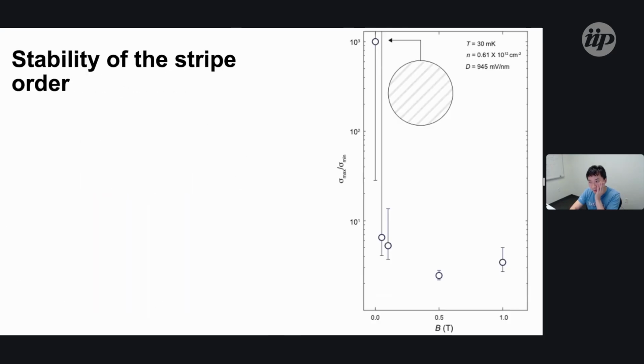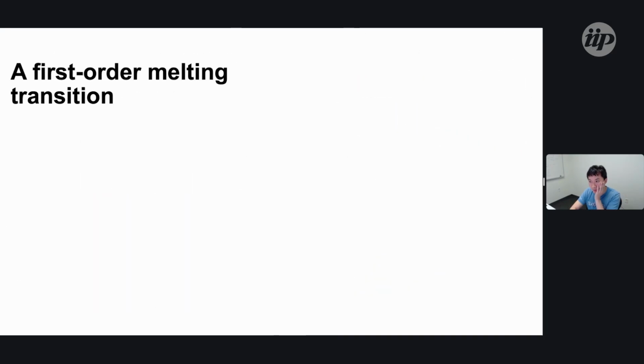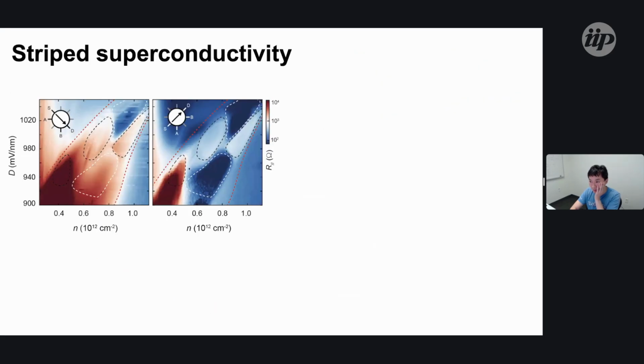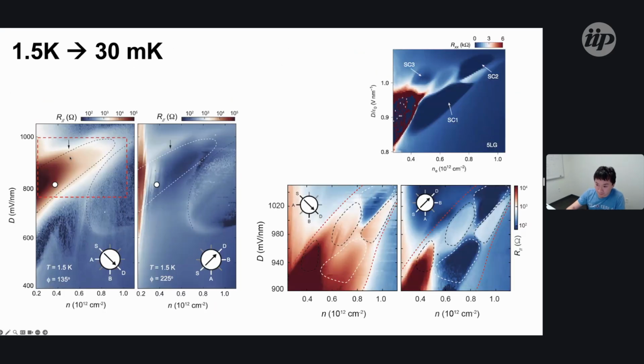Although recently we're trying to look at one feature that's very interesting: at 1.5 Kelvin, when you look at this stripe region, there is a transport feature that shows up that has some hysteresis right next to it. It could be some kind of Van Hove singularity, and it's interesting because as you cool down in temperature, this feature moves and cuts across the stripe, and that's where all of these different phases show up, right?